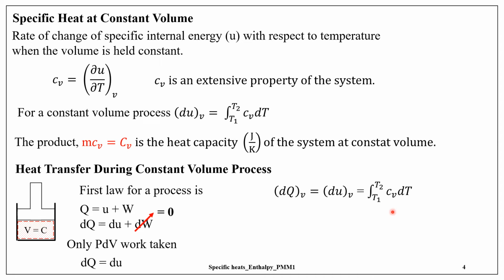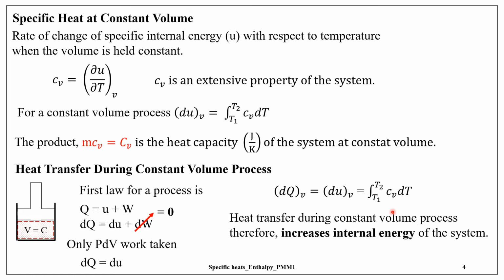So the heat transfer during constant volume process is equal to change in internal energy. That is what is written here. Heat transfer during constant volume process increases the internal energy of the system. That means when you add heat, it increases the internal energy of the system.